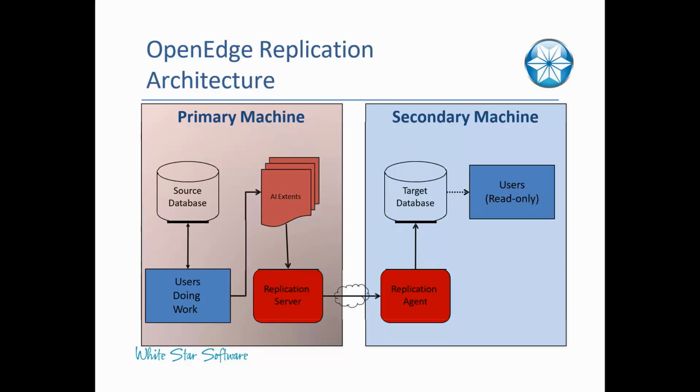What's cool about this is that you can make use of your target database. It doesn't just sit idle waiting to be used in the event of a failure. This is with OpenEdge Replication Plus, by the way, not the standard OpenEdge replication.